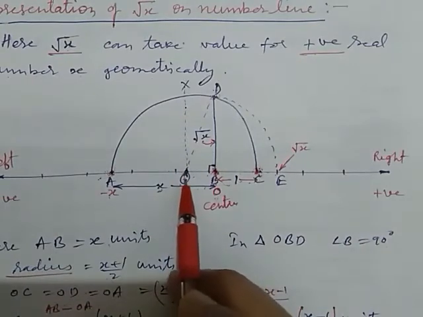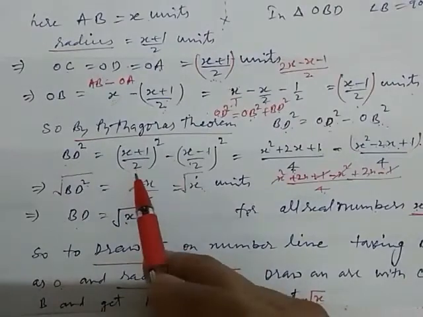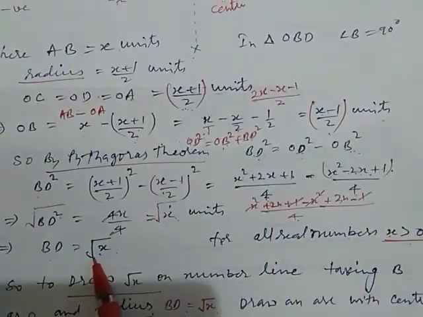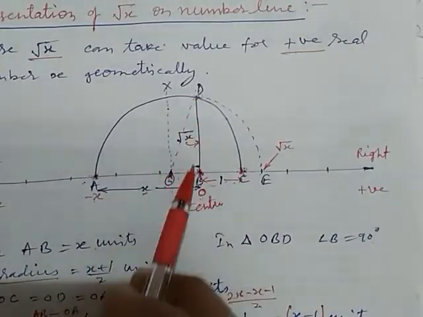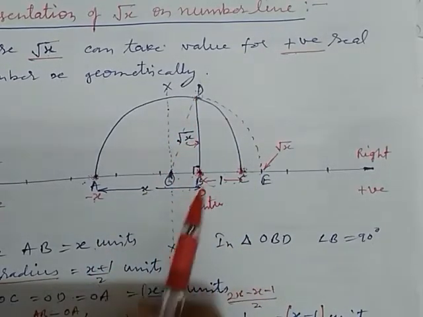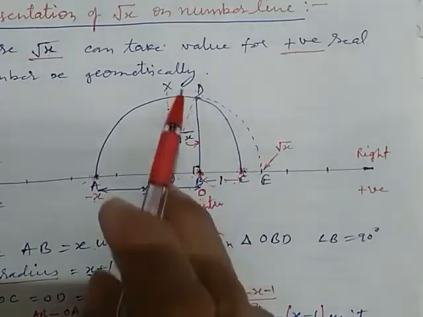Now we found OB, (x plus 1)/2 whole square minus (x minus 1)/2 whole square, and solving, we get BD as root x. Then we take the arc BD as radius and B as center, and draw the arc.